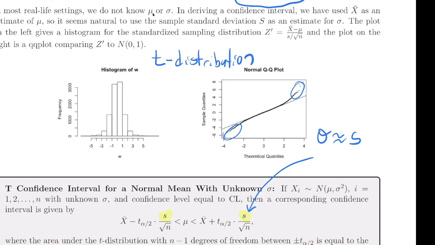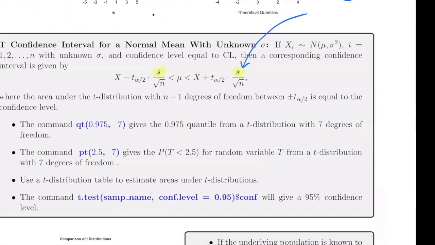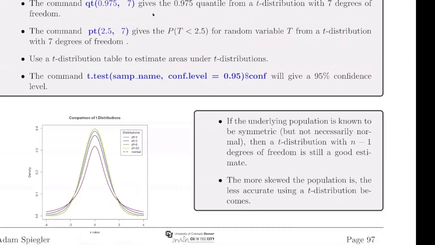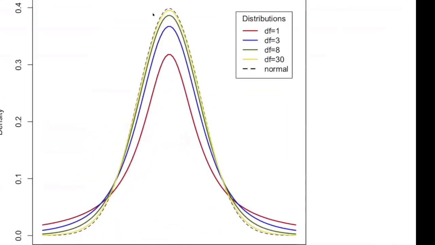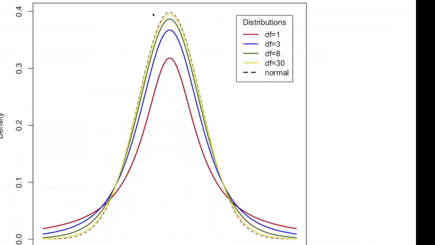And we have all different kinds of t distributions. A t distribution is described by one parameter, which is the degrees of freedom. Over here, you're looking at a graph of 4 different t distributions with varying degrees of freedom.